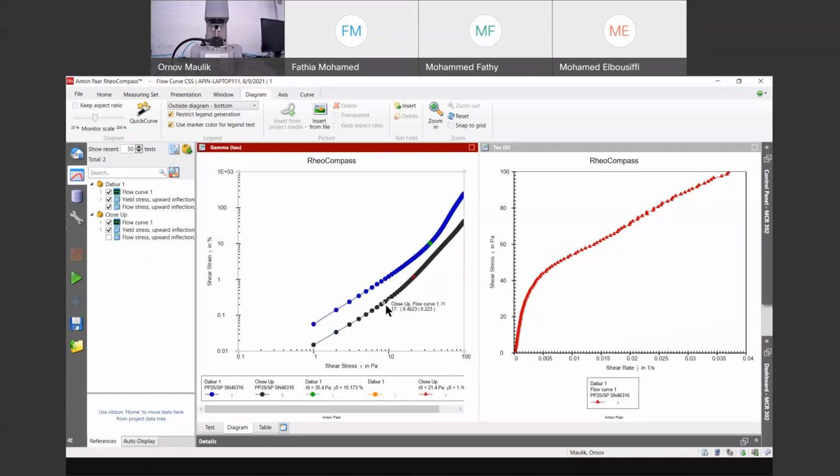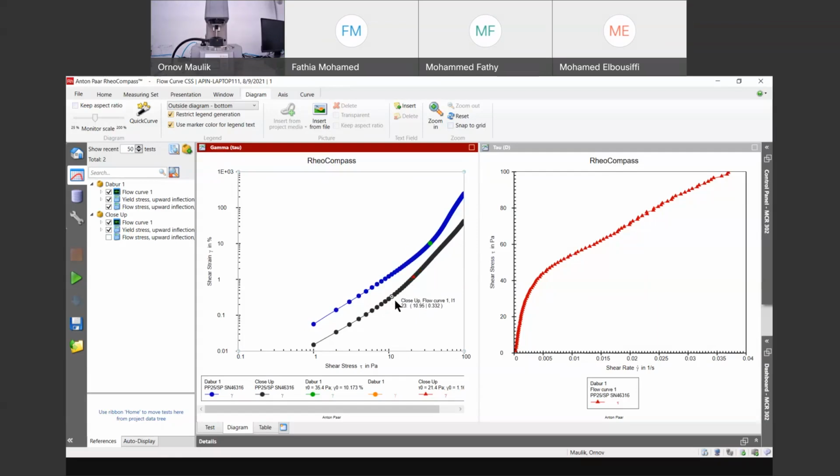Usually when I talk about this black curve, this is basically Close-up toothpaste. I actually measured it for some toothpaste manufacturing company. So this is a nice way to show you how different toothpastes have different yield stress.